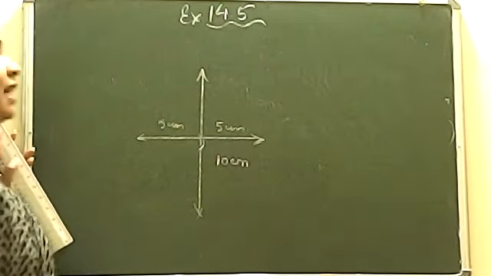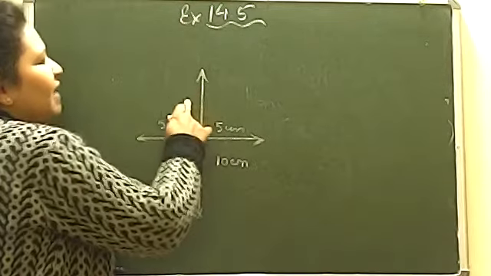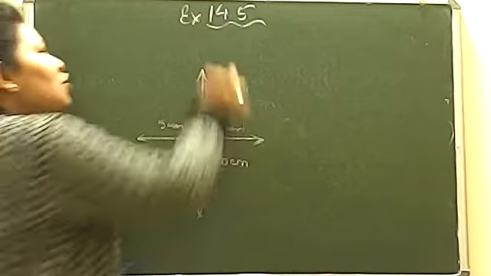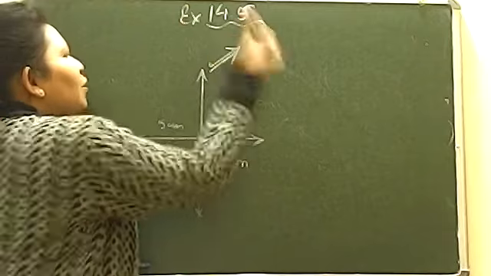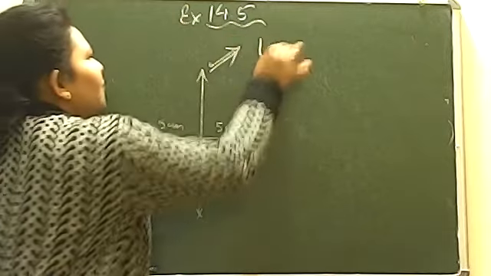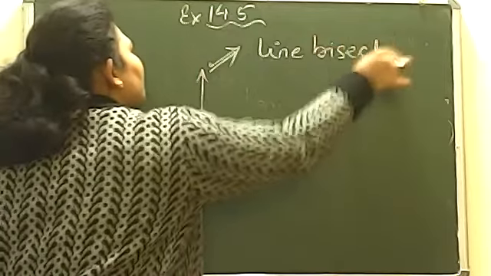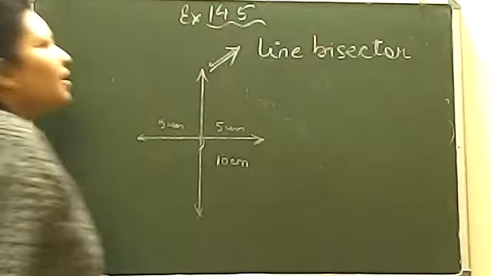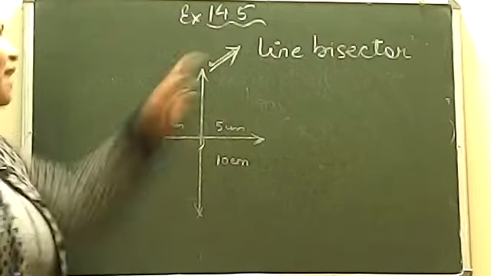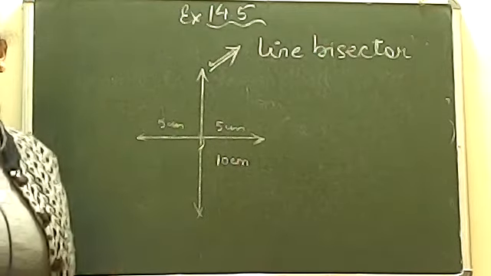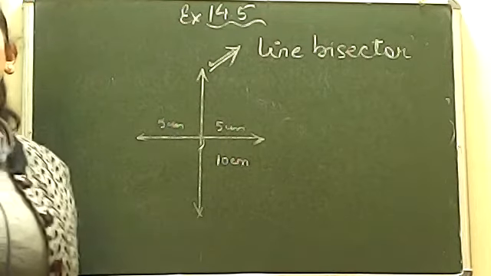And if you see, this line is the one which is dividing the particular line into two equal parts. So this line will be known as line bisector. Okay, remember, a line which divides a line into two equal parts is known as line bisector.